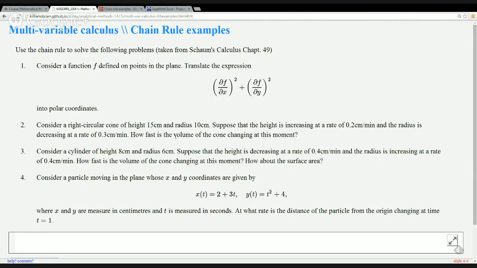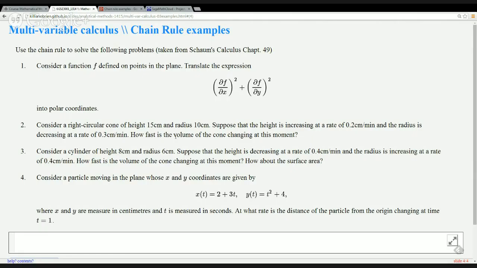Is that okay? I mean, alternatively, we might have just taken our expressions for R of t and H of t and substituted them in straight away, and we would have got a big long formula for the volume in terms of t.